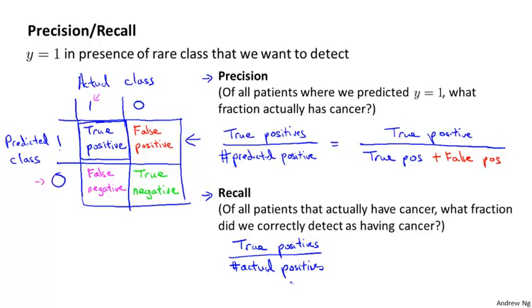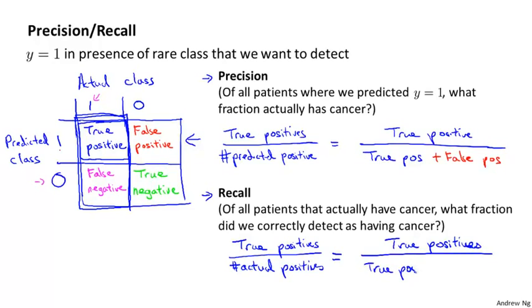To rewrite this in a different form, the denominator, the number of actual positives, is the sum of the entries in this first column over here. And so writing this out differently, this is the number of true positives divided by the number of true positives plus the number of false negatives. Once again, having a high recall would be a good thing.